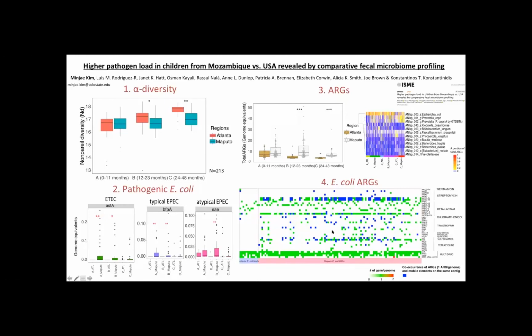So as you can see, there are more and diverse ARGs found in the E. coli MAGs in Maputo children's gut microbiome, and also the blue dot indicates the co-occurrence of those ARGs with the mobile element on the same contig, and this suggested the potential for the mobilization of clinically relevant ARGs in E. coli.